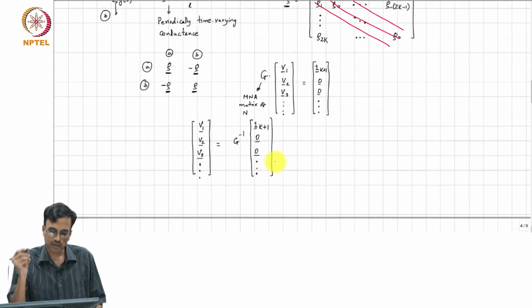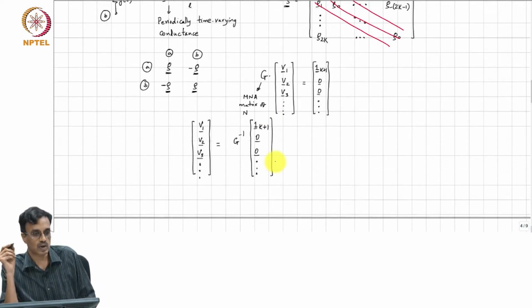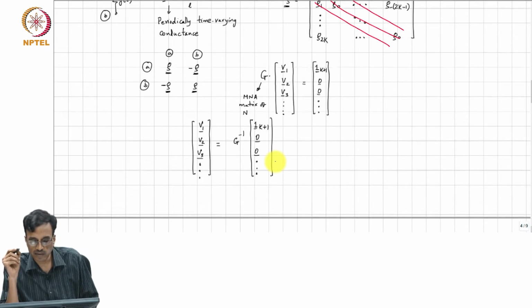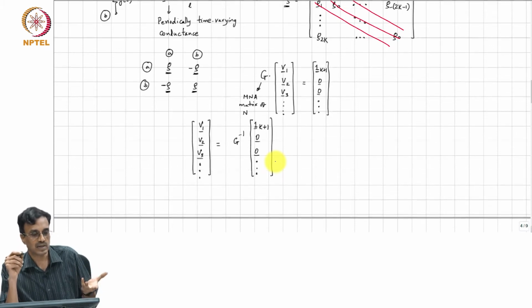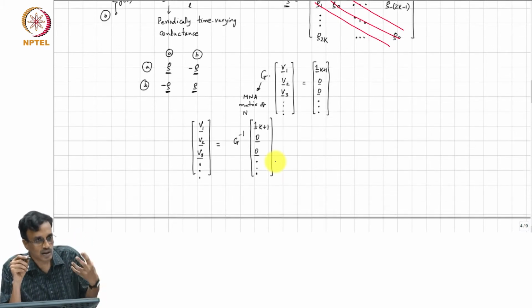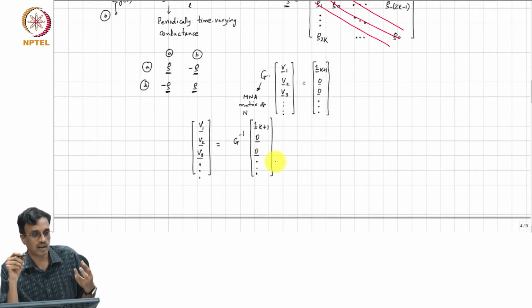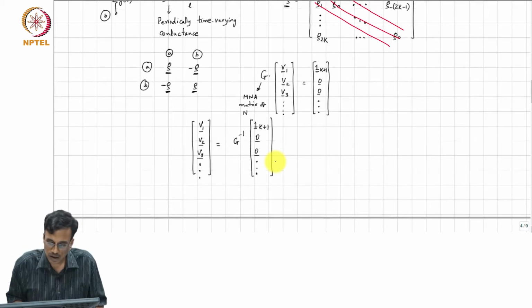So, if you solve this set of equations, this will give us the information about all node voltages, which basically means that at each node it is telling us what the strengths of the various sinusoids are. All right.